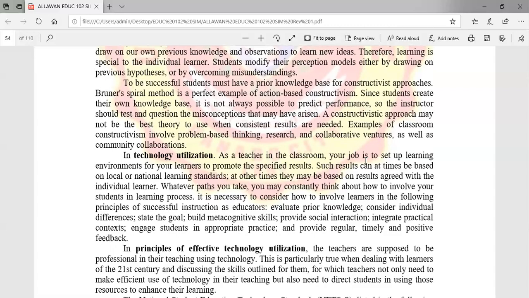It may also have the following principles of successful instruction as educators. So it is to evaluate your prior knowledge. With reading those lessons that I posted, it gives you an idea about our next lesson for this week. May also consider individual differences.